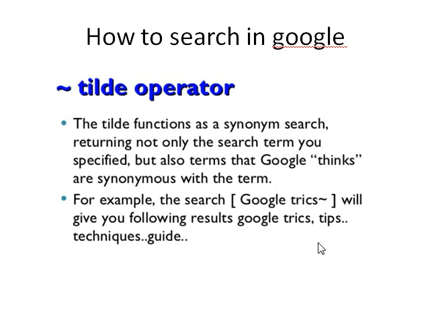Okay, for example, maybe you say Google tricks tilde. It has the results Google tricks, Google tips, Google, for example, techniques, Google pages, and so on. Then by tilde you broaden your search results, you broaden your search domain.